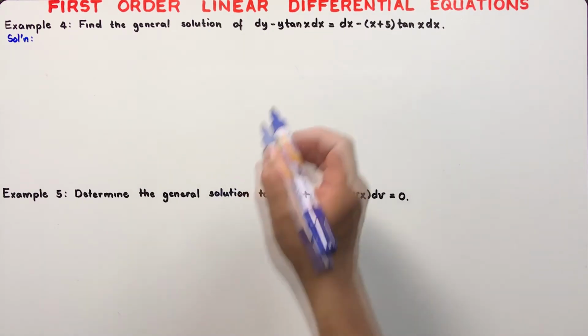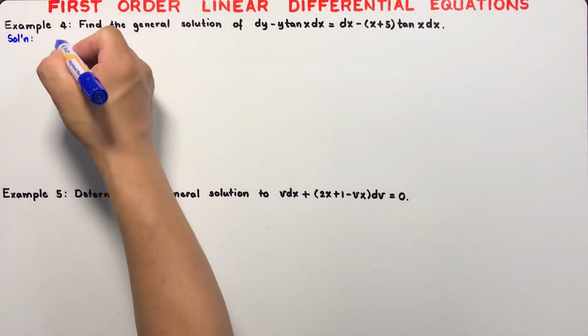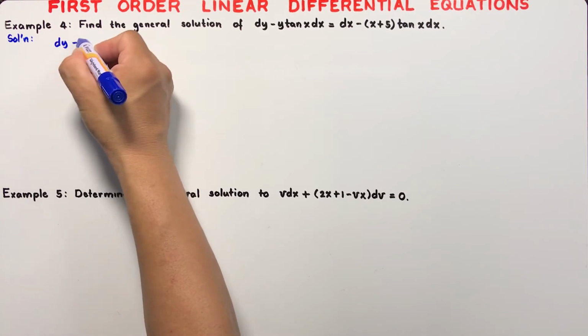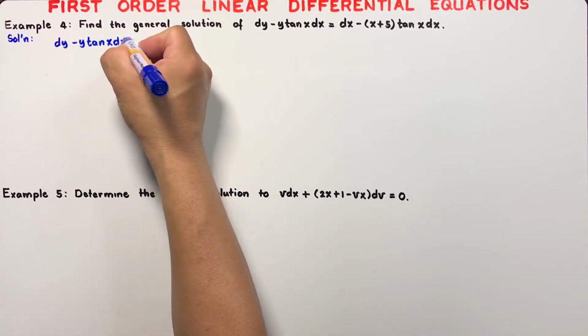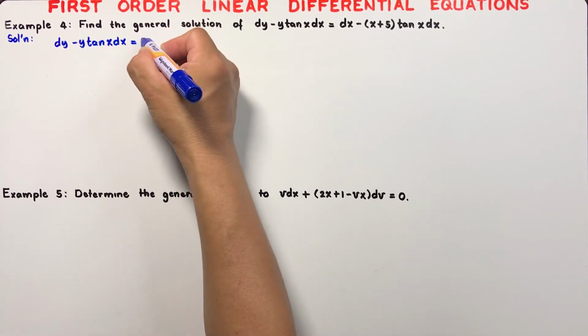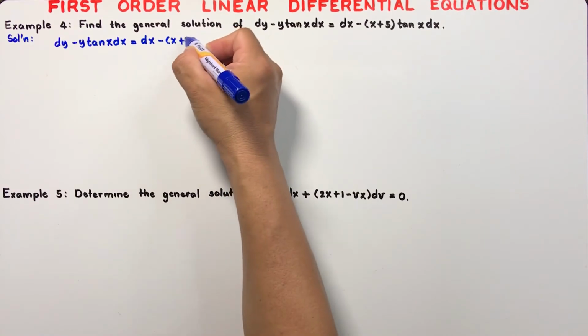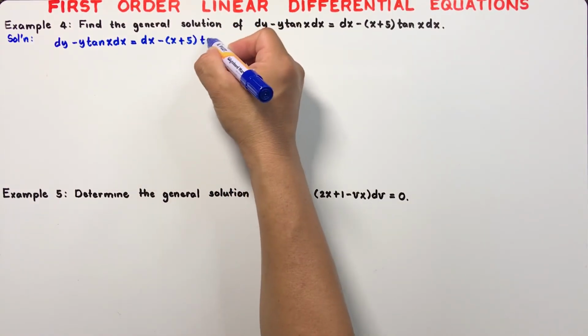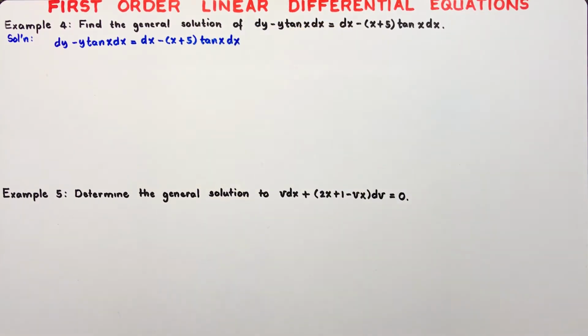So to eliminate this dx here, we need to multiply both sides of the equation by 1 over dx. So we have dy minus y tangent x dx, which is equal to dx minus the quantity of x plus 5 times tangent x dx.